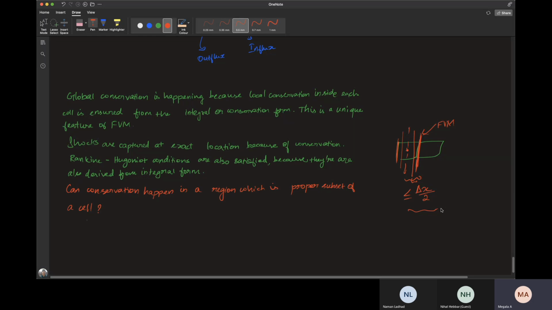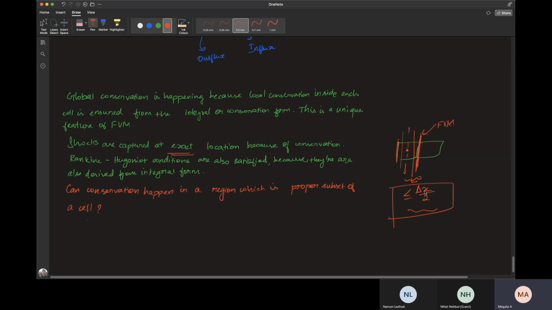Because of this reason, I mean exact in the sense I'm just talking up to this error, exact up to delta x by 2. So shocks are essentially captured correctly, at least close to delta x by 2, because of conservation.